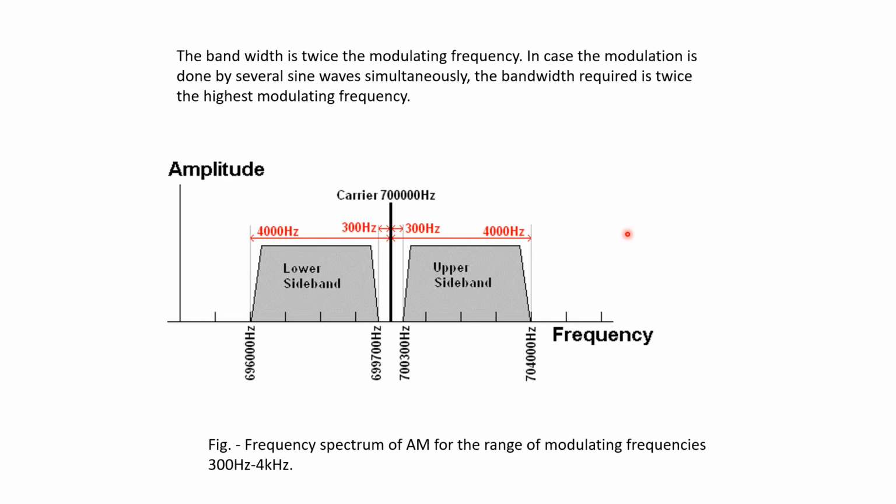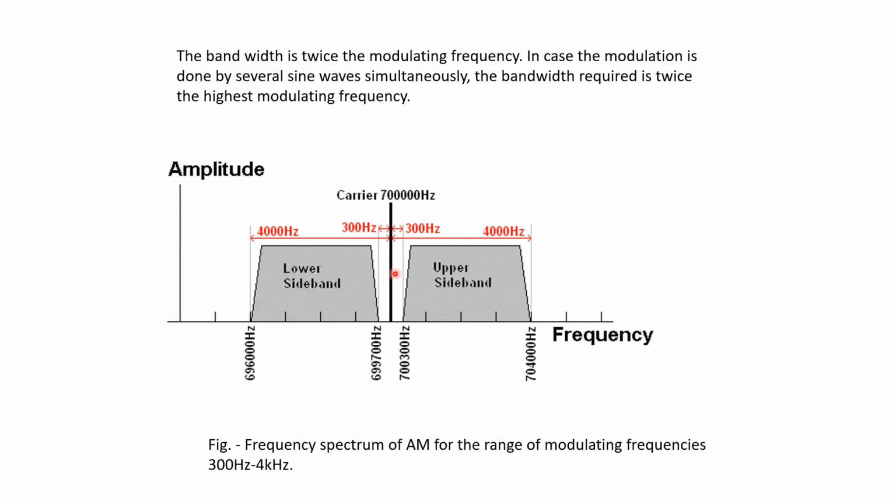So if the modulating frequency is a single one, for example 200 Hz, then the entire bandwidth will be 400 Hz. Now suppose that instead of a single frequency, a range of frequencies is to be transmitted, then let us find out what will be the entire bandwidth required for the propagation of that range of frequencies.